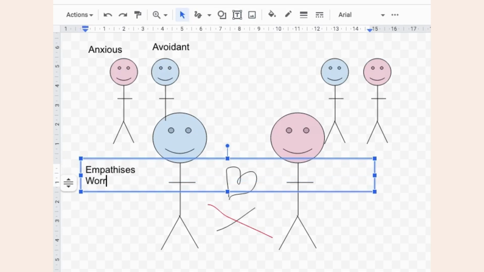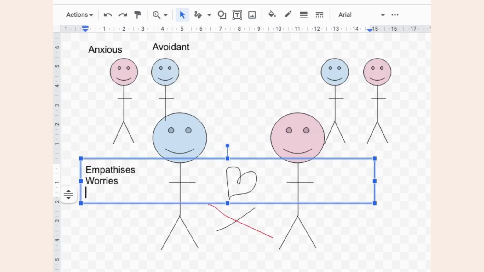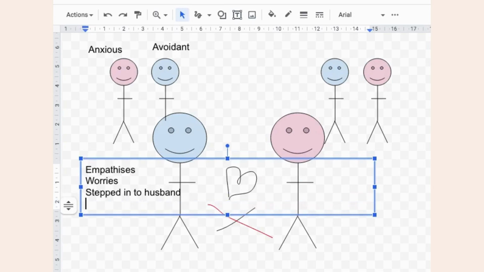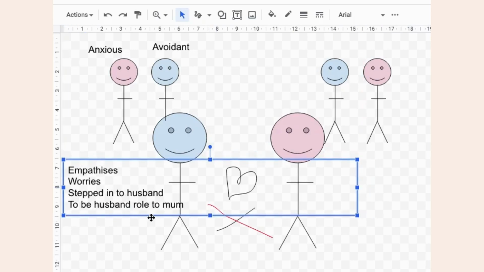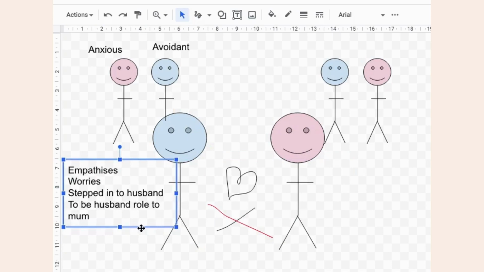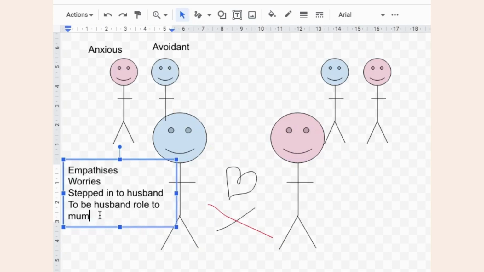He worries about her. He has almost stepped in at points to be a husband role to his mother. So he empathizes a lot, he's worried, he stepped in to be the husband role to the mum, which has unfortunately left him with a problematic relationship with his father.